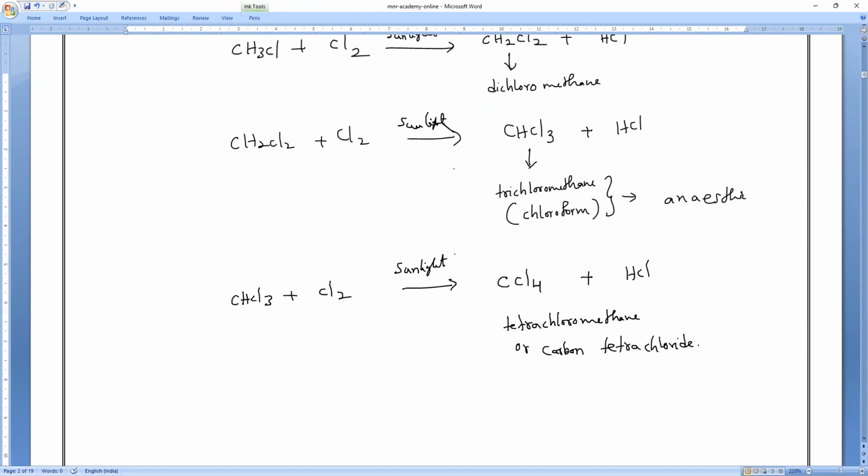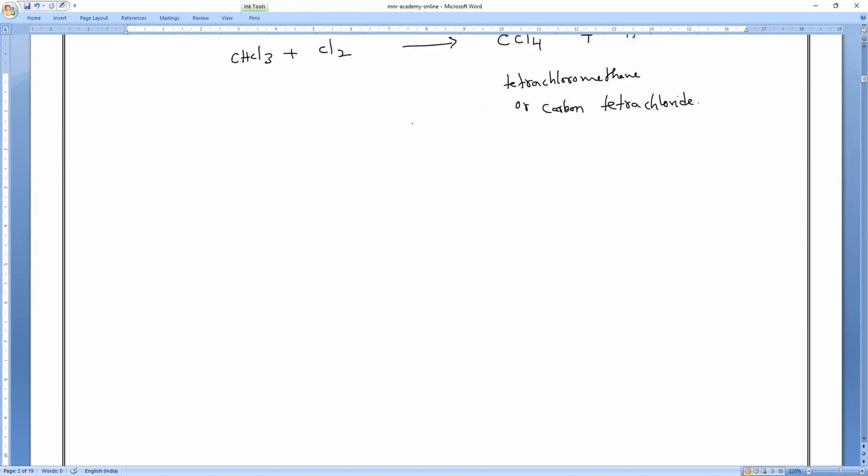Unsaturated hydrocarbons do not give substitution reactions with halogens. This point is also very important. Write it, everybody. They will give addition reactions, but substitution reactions with halogens cannot be shown by unsaturated hydrocarbons. Have you noted down, Harish? Are you clear, everybody?